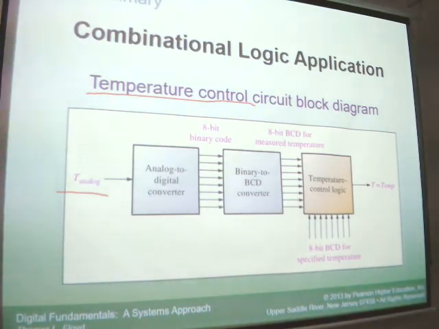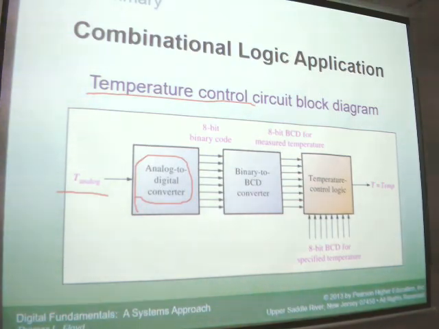So we must convert the analog signal to a digital signal, so we must use an analog to digital converter. The digital signal has 8 bits, an 8-bit binary code.